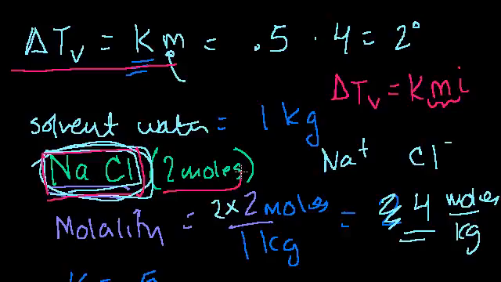So in this case, this number would be 2. And then i is the number of things that it dissociates into. So in this case, this would have been 2. And that's where we would have gotten 2 times 2 times K, which is 0.5, which is 2. In the case of the glucose, this would still be 2, but it only turns into 1 particle when it goes into water, so i would be 1. So you'd only have a 1 degree increase in the boiling point of water.